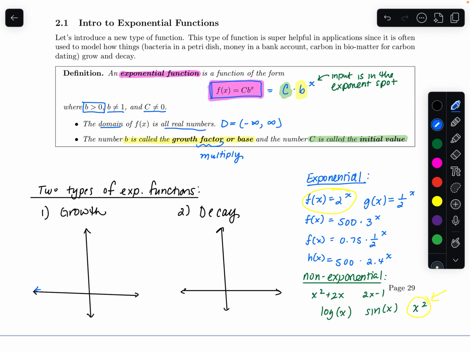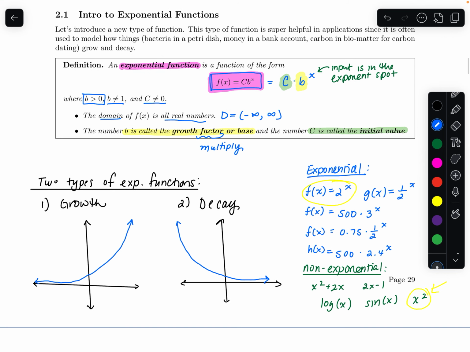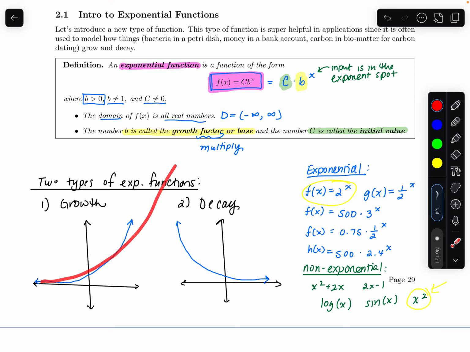So an example of growth over time looks something like this. An example of decay from left to right, meaning our outputs are quickly getting smaller. Right? So one is an example of outputs getting bigger. One is an example of outputs getting smaller, right? So like always, reading our graphs in one direction.